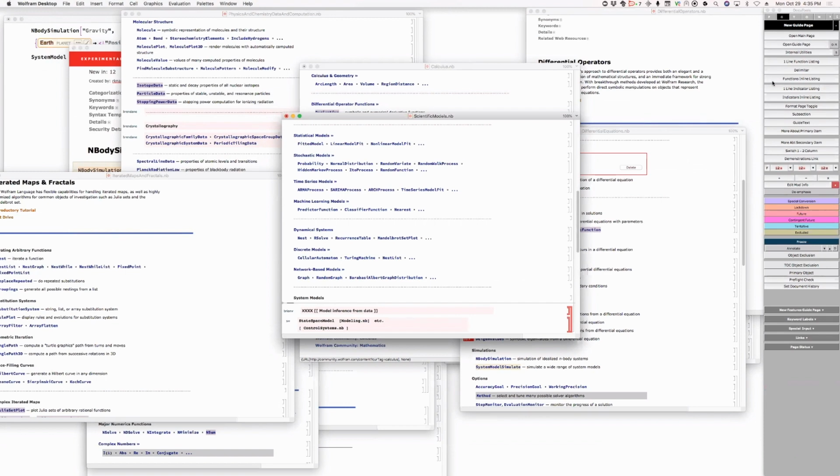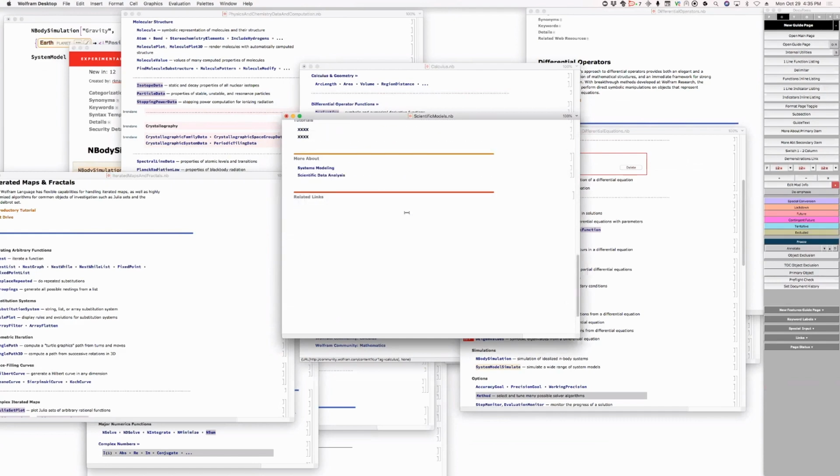I see systems modeling in the related guides section. Well, I think it should be on this page. I think it should probably be system model.